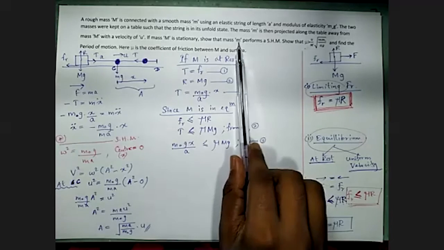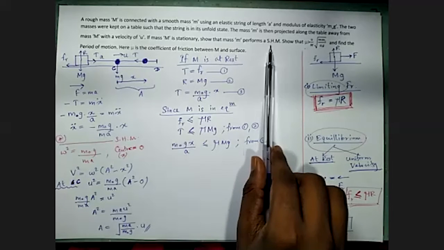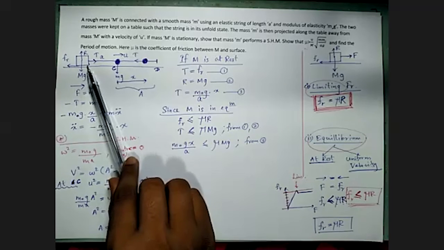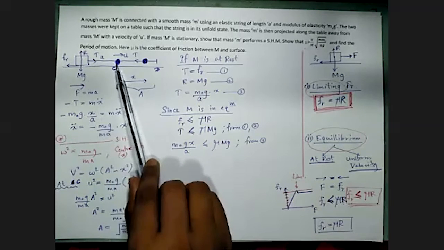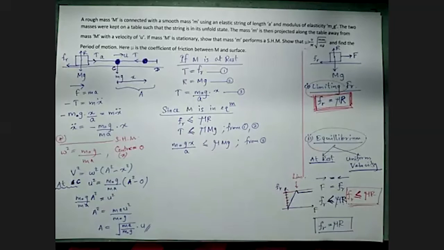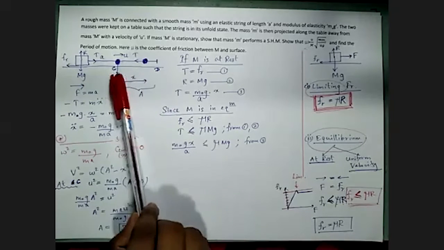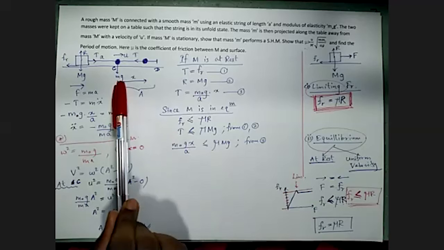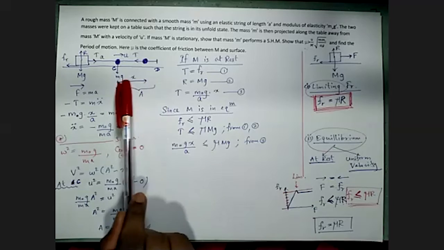In order to perform a simple harmonic motion, small m, capital M must allow small m to reach its amplitude. Otherwise, small m can't perform a simple harmonic motion. In order to complete a simple harmonic motion, small m must reach its amplitude. So, it is allowed by capital M. Therefore, the maximum extension where small m can go is its amplitude.